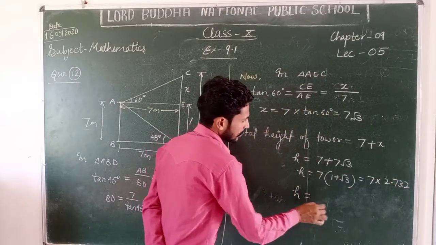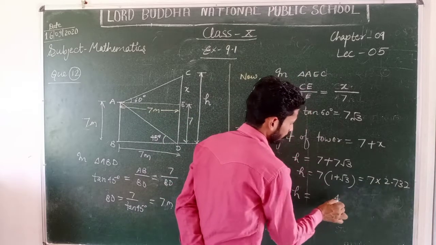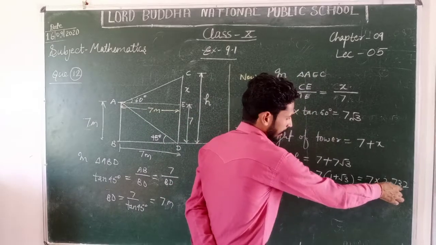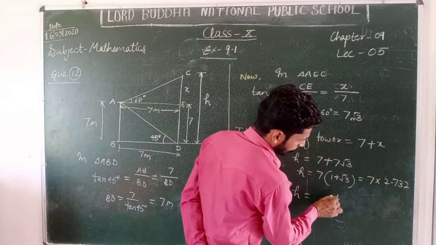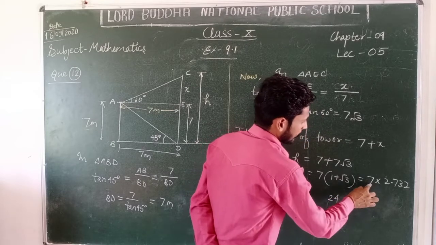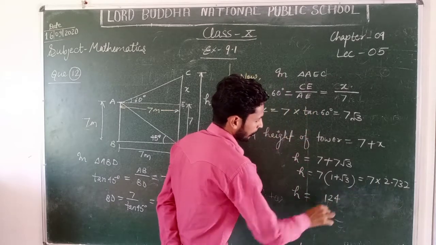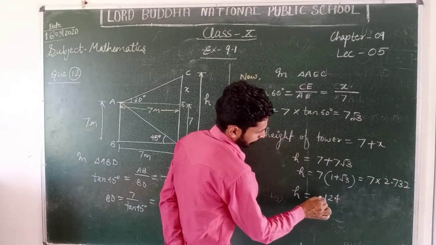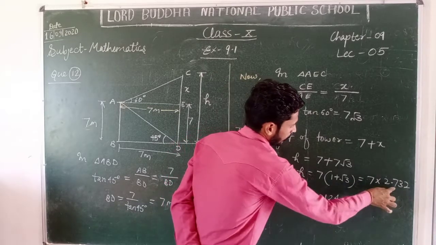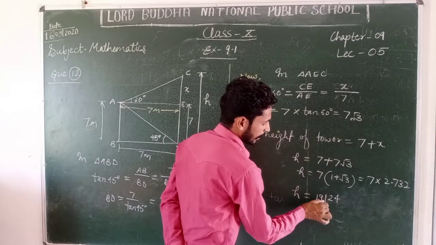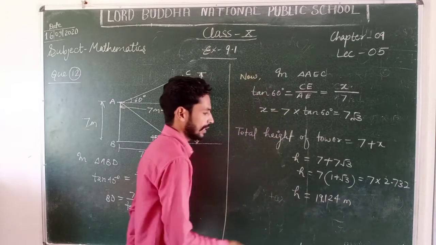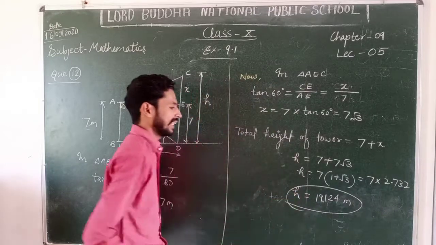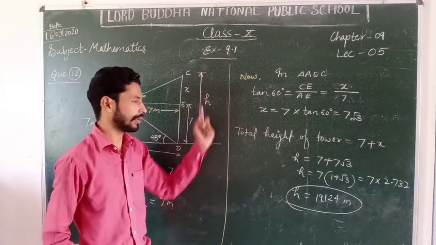Now multiply this: 7 twos are 14, 7 threes are 21 and 1 makes 22, 7 sevens are 49 and 2 makes 51, 7 twos are 14 and 5 makes 19, and after 3 decimals, 1, 2, 3, right here. That is the answer. That is the height of the tower.